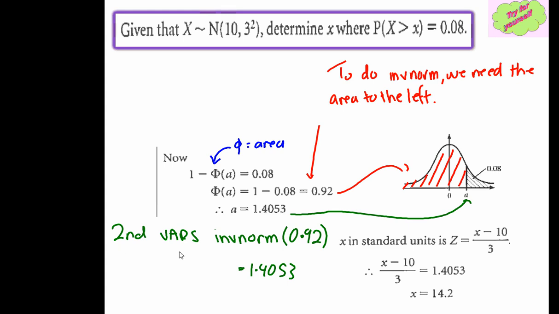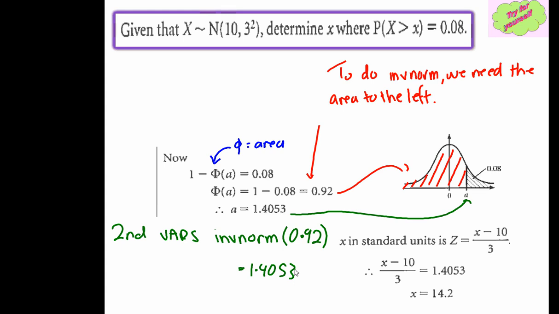So you go second vars, inverse norm, tell it that the area is 0.92, and then you'll get 1.4053. In the standard normal curve, 1.4053 would be that particular value. Then you need to transform that using the standard normal curve transformation formula, z equals x minus mu over sigma.